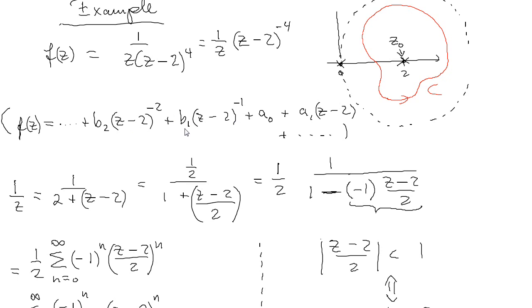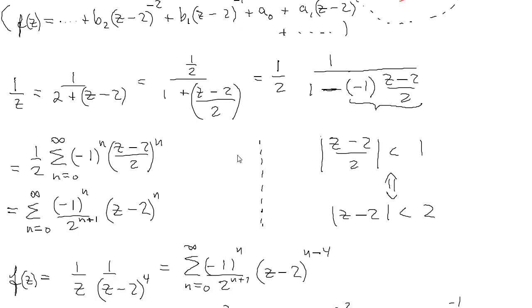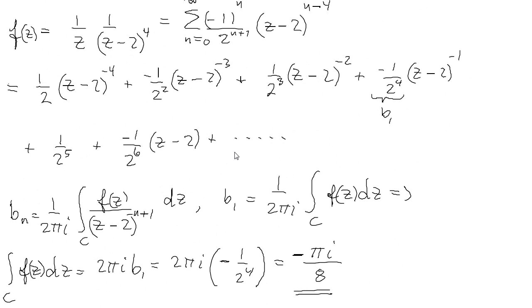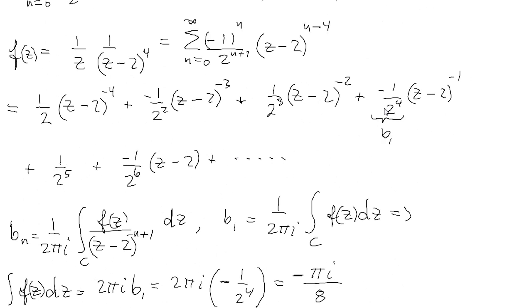So the coefficient in the term multiplied with (z minus z0) to the power of minus 1 is always equal to this b1, this residue we are talking about. So this means that the b1 coefficient is equal to minus 1 over 2 to the power of 4.